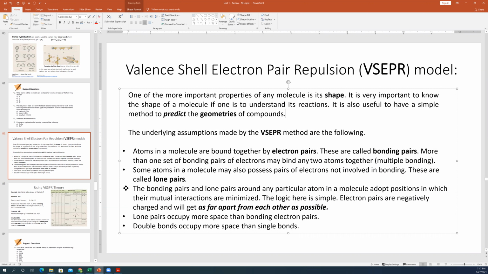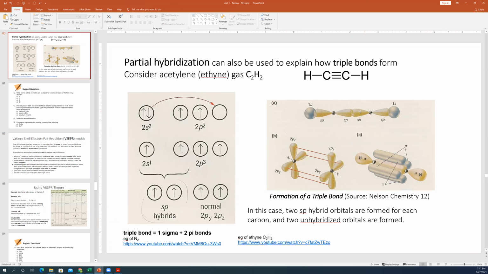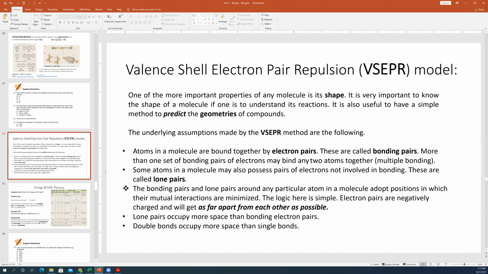One assumption is that the atoms in the molecules are bound together by electron pairs. We've been talking about how electron pairs come together and form bonds. That's how atoms are bound in a molecule, by sharing of electron pairs. These pairs are called bonding pairs because they're involved in a bond.